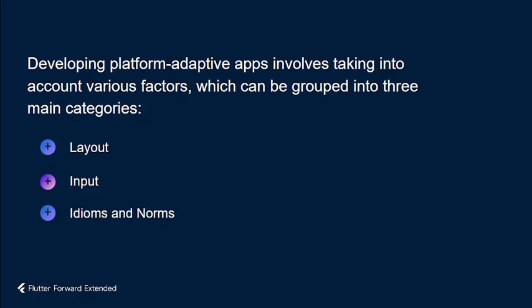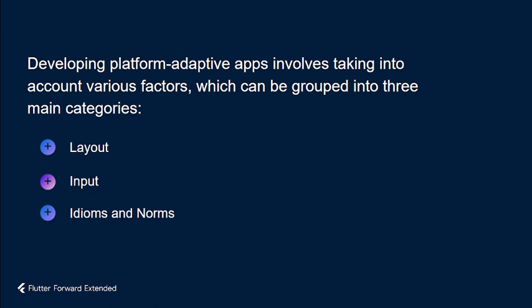So check it out. There are three things that we'll be looking at in here. Developing platform adaptive apps involves taking into account various factors, and these can be grouped into three main categories: the layout, the input, and the idioms and norms. Layout is where most of us normally focus.